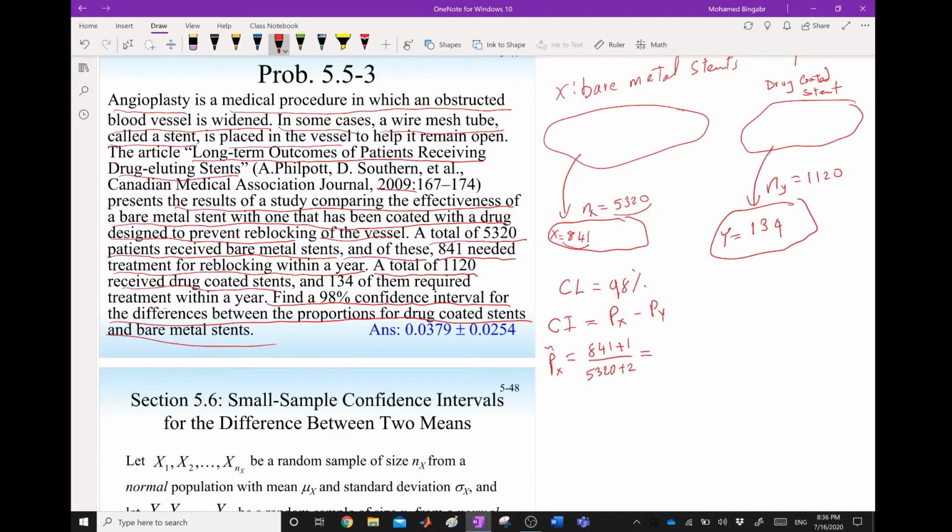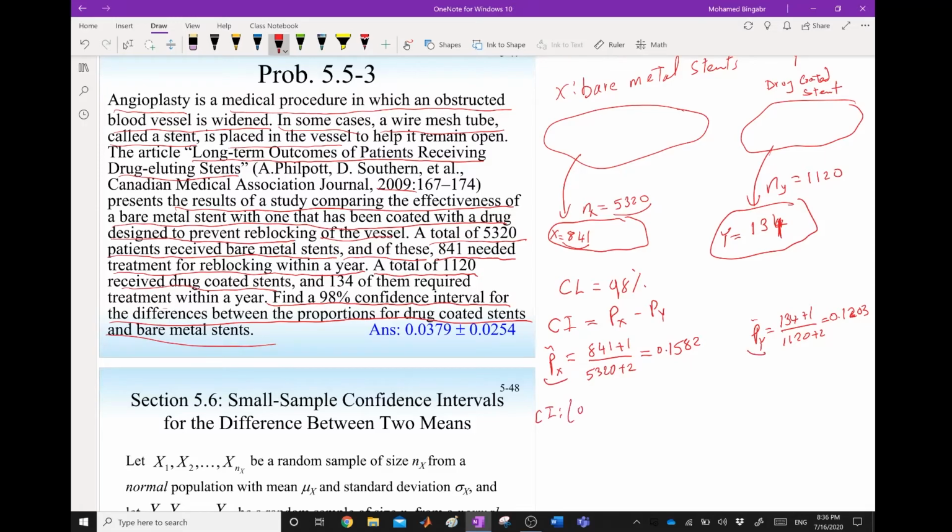And if you calculate this, you should get 0.1582. The point estimate for py delta is 134 plus 1 divided by 1,120 plus 2. And if you calculate this, you should get 0.1203.